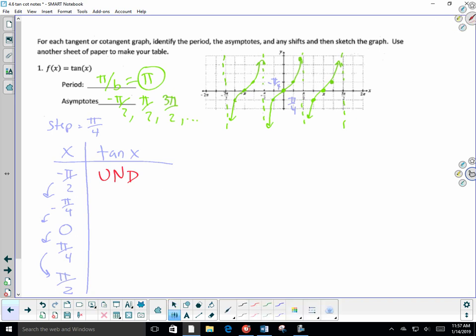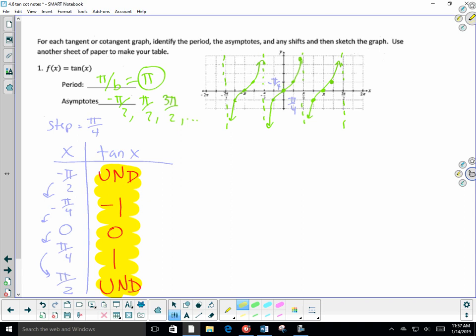And I know at 0 it was equal to 0. At negative pi over 4, it was negative 1. And at positive pi over 4, it was positive 1. These are the key values that you're going to need to memorize for tangent. And this will always be your second column in your chart.